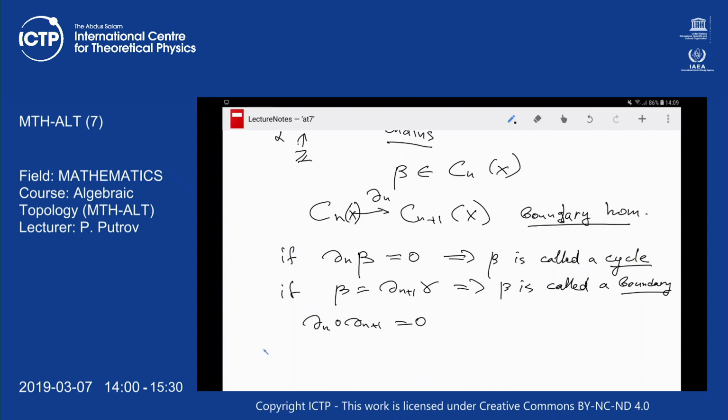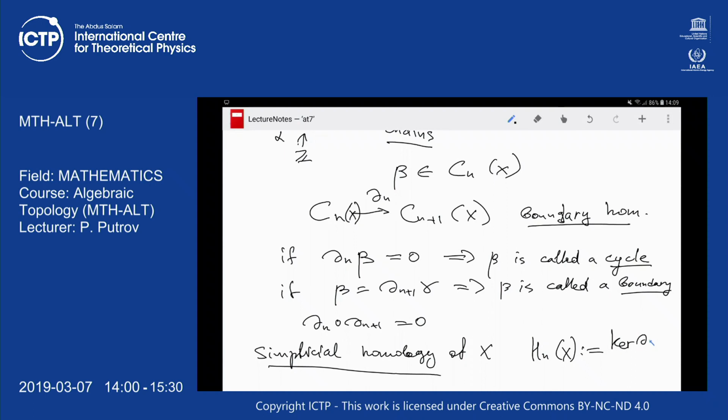Therefore we can define the homology of X as the kernel of dn divided by the image of dn plus 1.